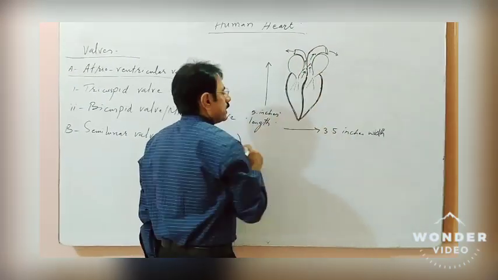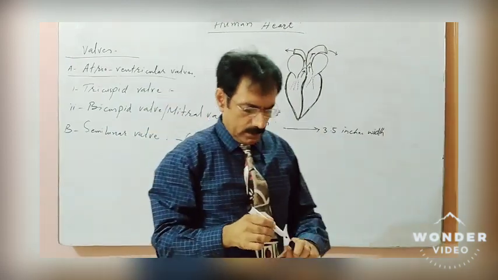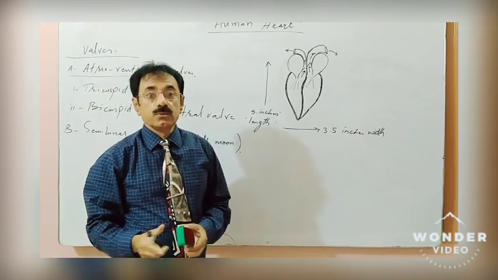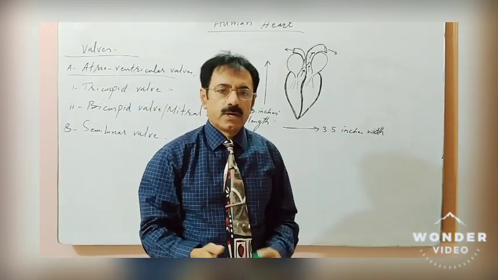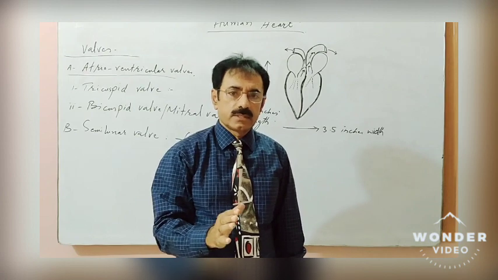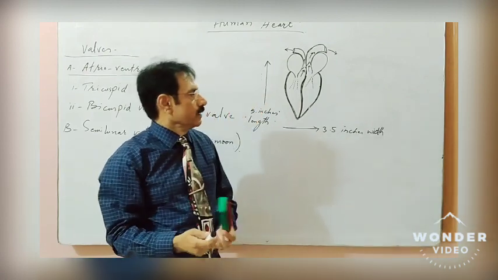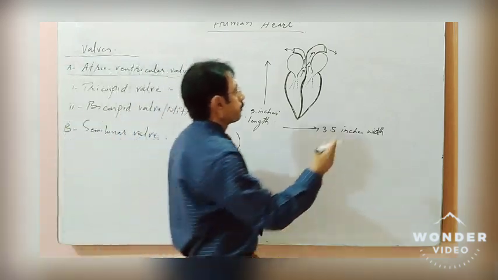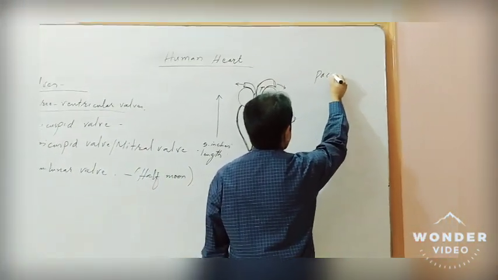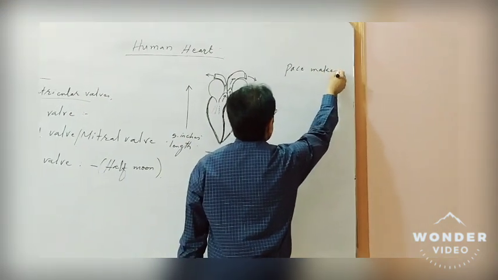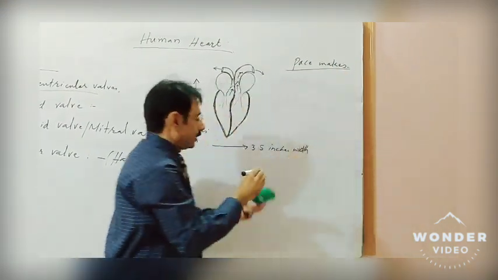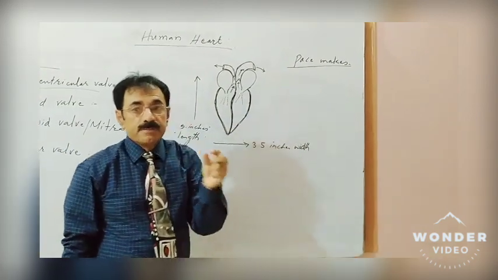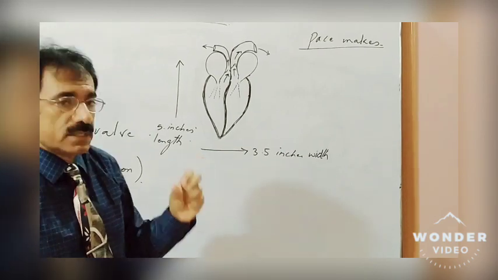The heart works automatically. The heart rate in a human male is about 72 times per minute, and that of a human female is 80 times. This rate of heart beating is controlled by pacemakers. Pacemakers are commonly called the speed controllers of the heart because they control the speed of the heart.